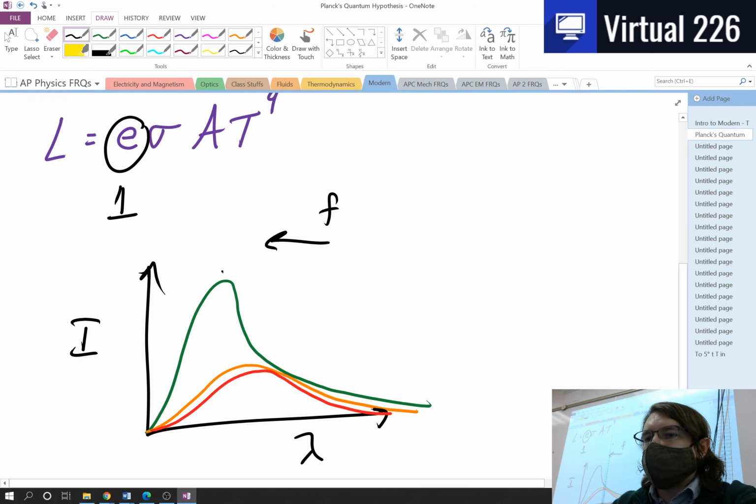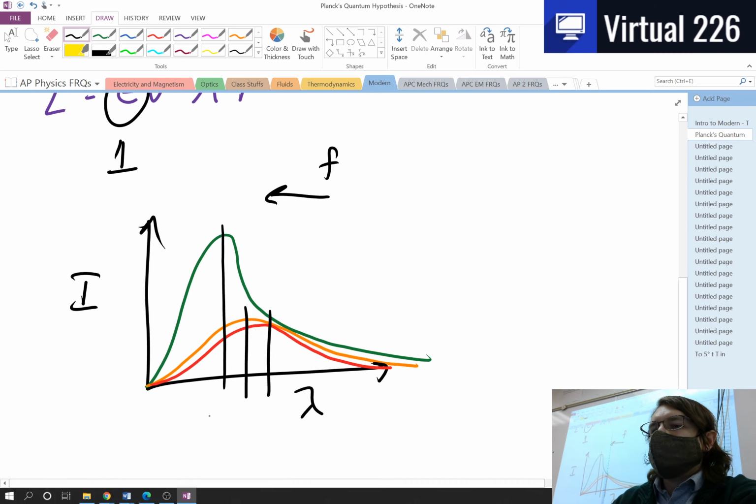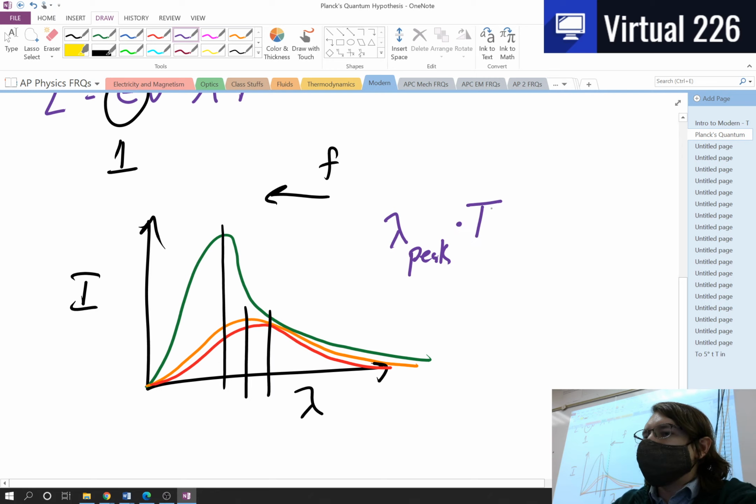But as you see here, these peaks are at different locations. You can quickly find the peak wavelength for a star because the peak wavelength multiplied by the temperature of that star will be equal to 2.9 times 10 to the minus 3. And this is a little weird.